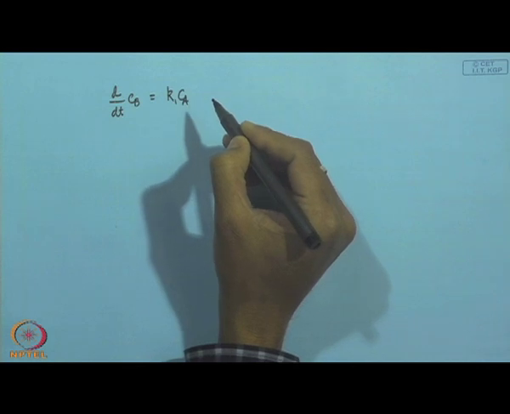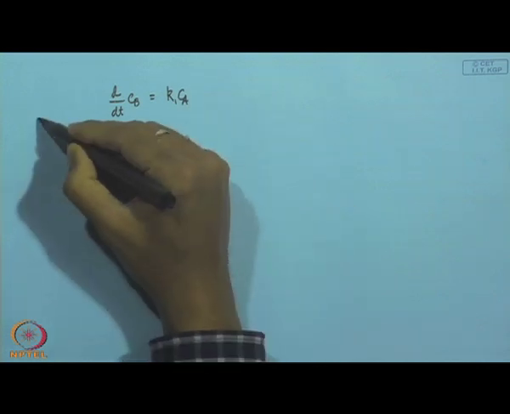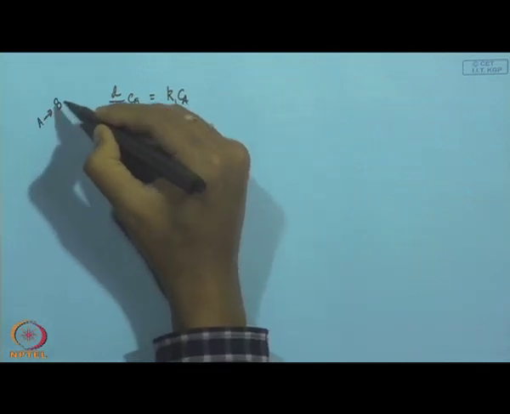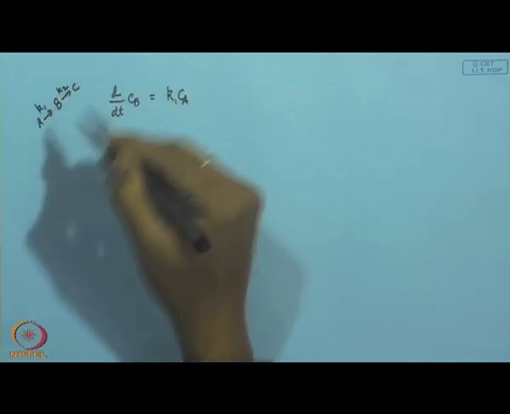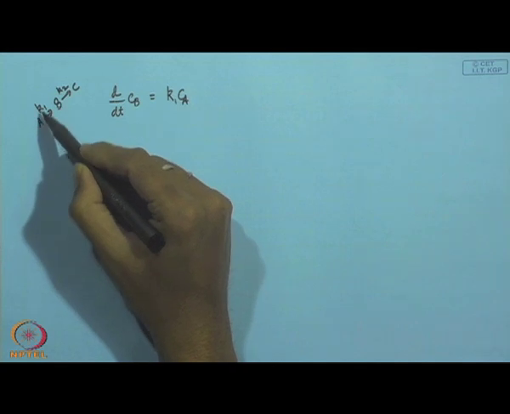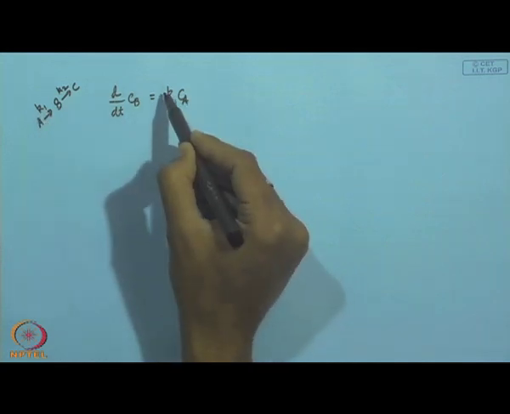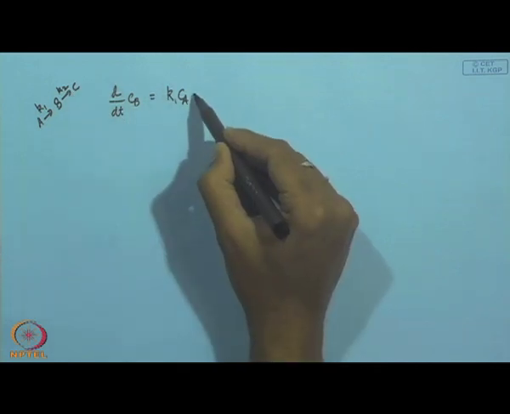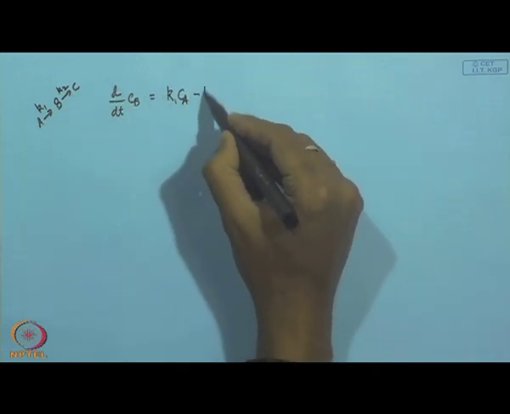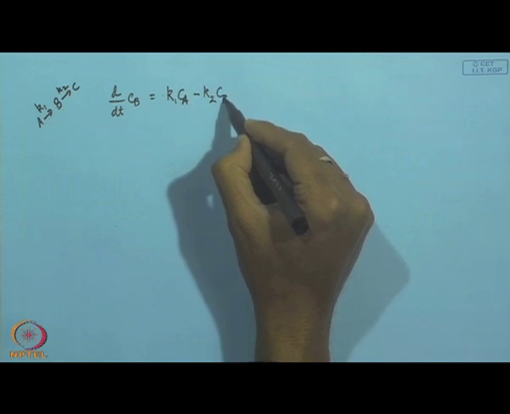Recall the initial prescription that A to B to C with K1 and K2. B is produced with K1 rate, that is why it is in plus sign. It is depleted with K2 rate, that is why it is in minus sign. So, minus K2 Cb.